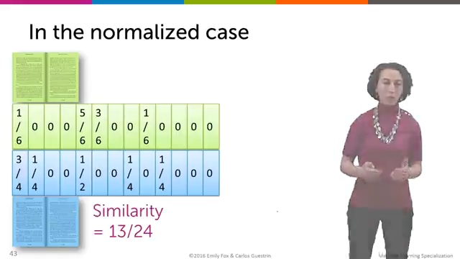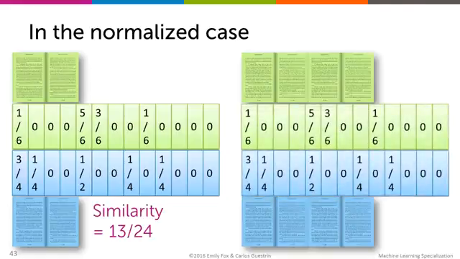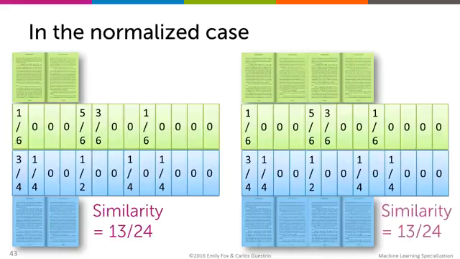And now if we think about doubling the length of each document again, and then normalizing each of those documents that were doubled in length, we get exactly the same normalized representation, so we get exactly the same computed similarity. So what we see is that cosine similarity is invariant to the length of the documents, just the sheer number of words or the scale of that, and it focuses much more on the content of those documents in terms of which words appear.